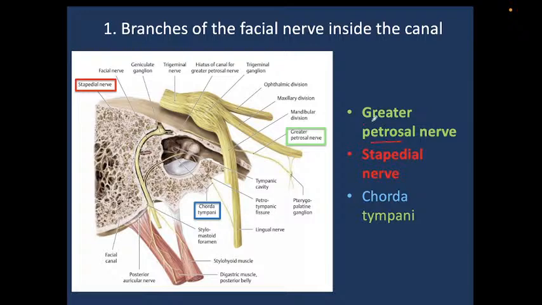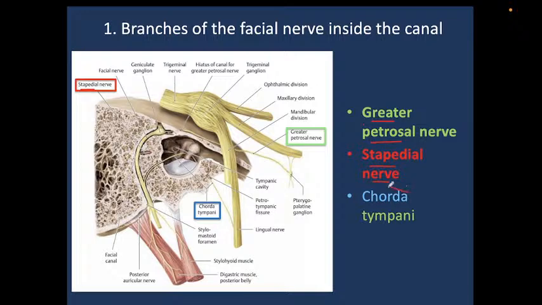It is green here. It is green because this branch is an autonomic or parasympathetic branch. Then the second one is the stapedial nerve, a small one. It's visible here. It is red because these are motor fibers that come to the small muscle called stapedius, the same name.